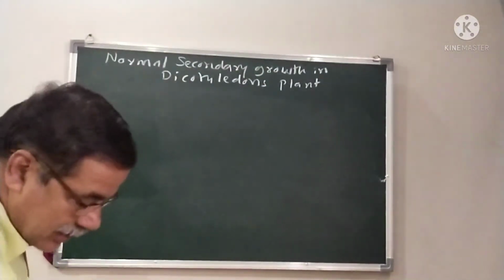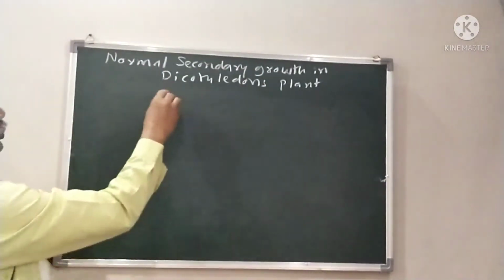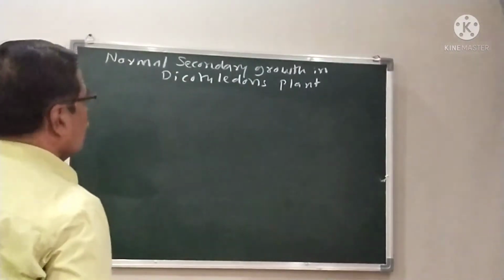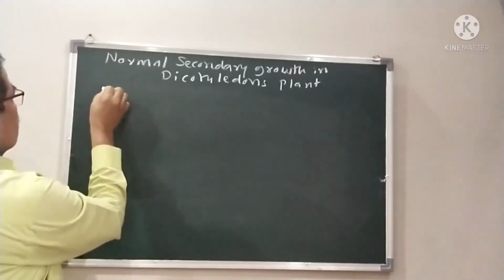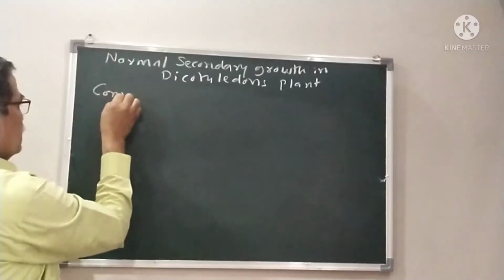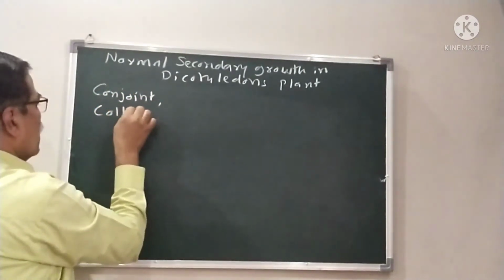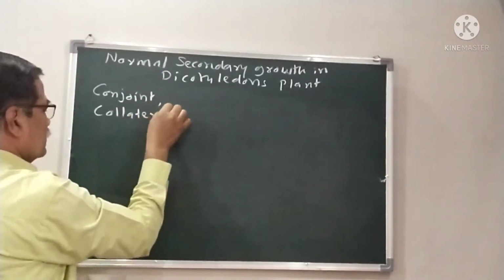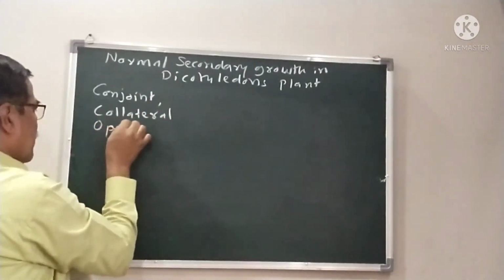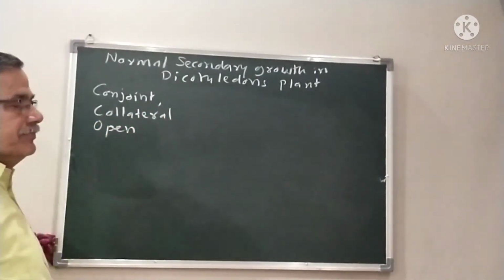In the vascular bundle, the vascular tissue development takes place. The vascular bundles are conjoined, collateral, open type of vascular bundles.